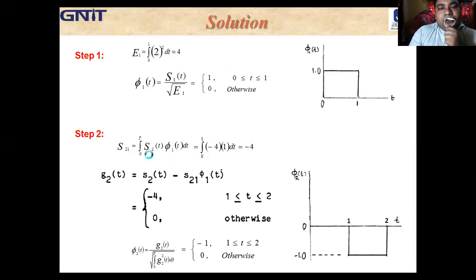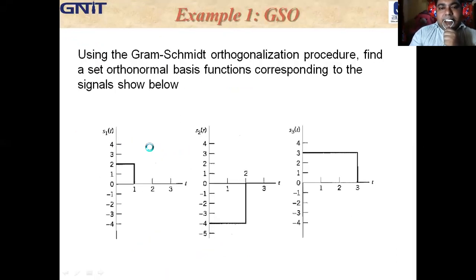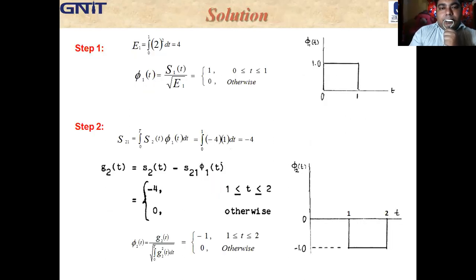Now the amplitude of S2t is minus 4, and phi 1t exists for 0 to 1. So the integration limit is 0 to 1, minus 4 times phi 1t, which is 1. In that case, S21 is minus 4.